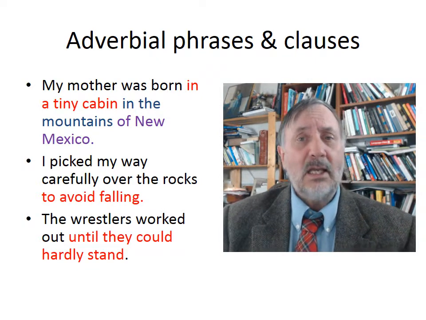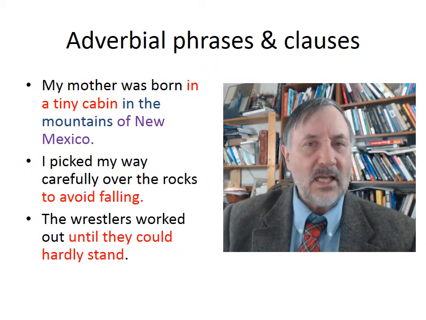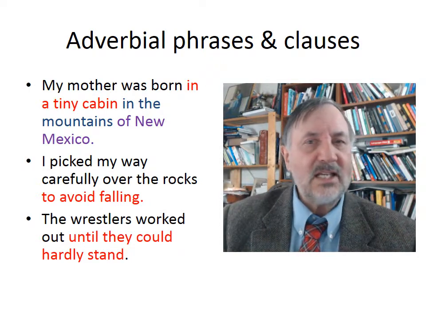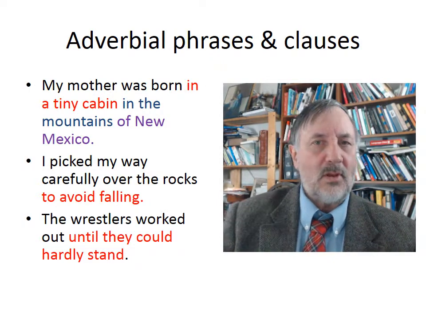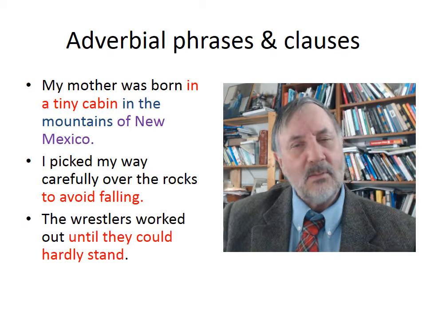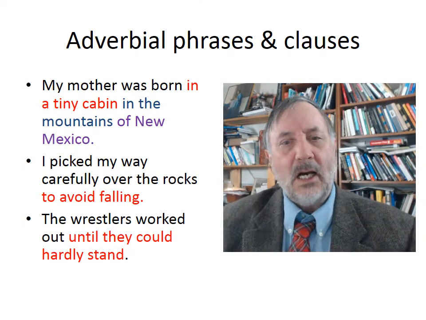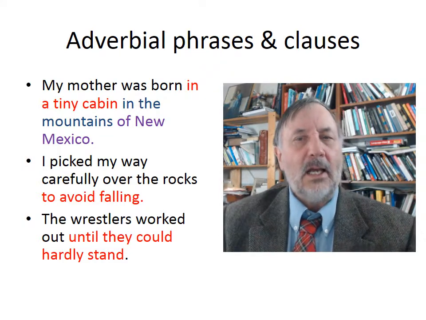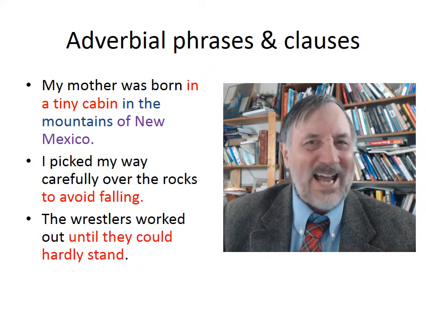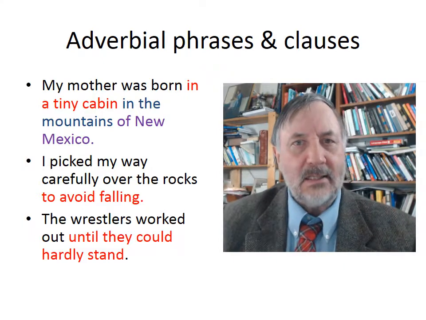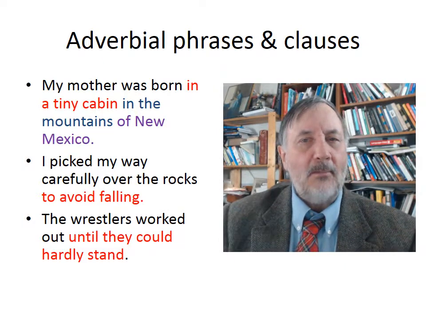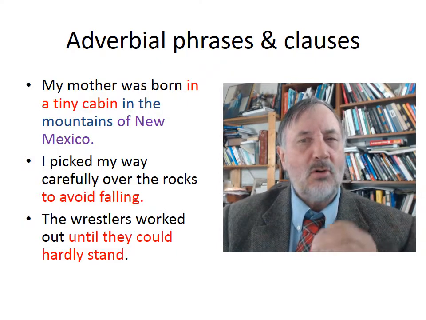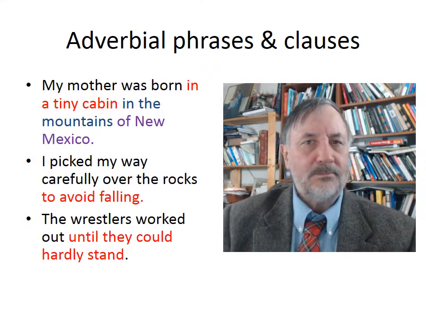Remember, a clause is a group of words that contains a subject and a predicate. This is also known as a subordinate clause because it started with one of the subordinate conjunctions: until they could hardly stand. But that is modifying the worked out idea in the sentence. Adverbial phrases and clauses also modify the verb.